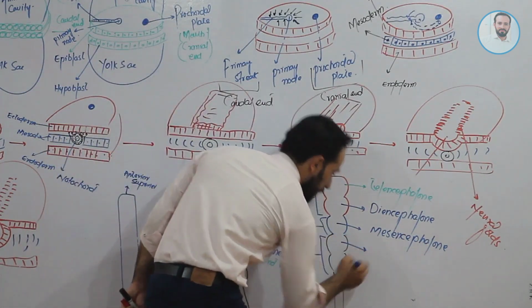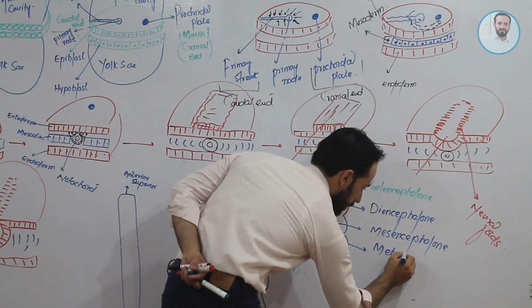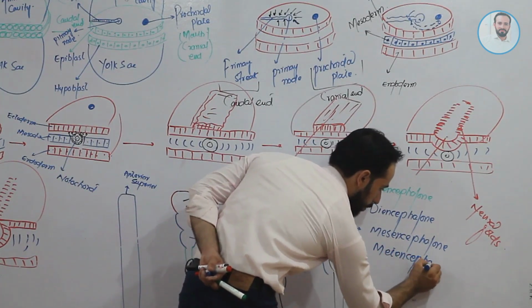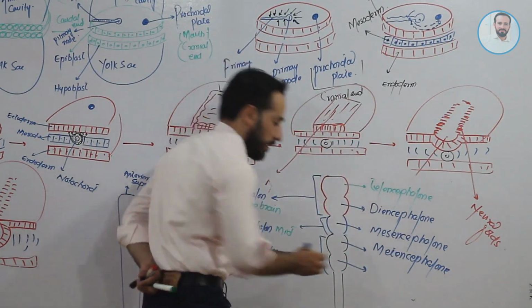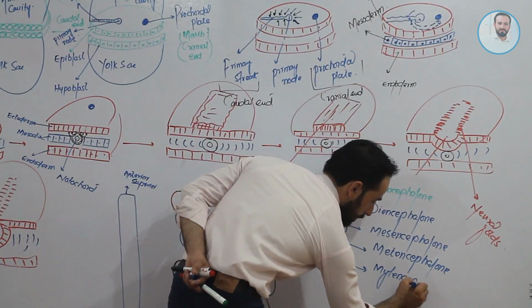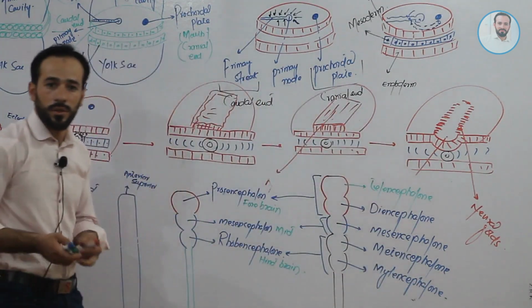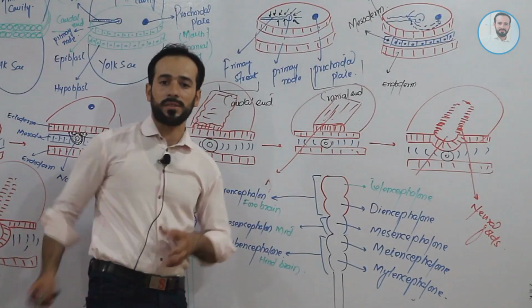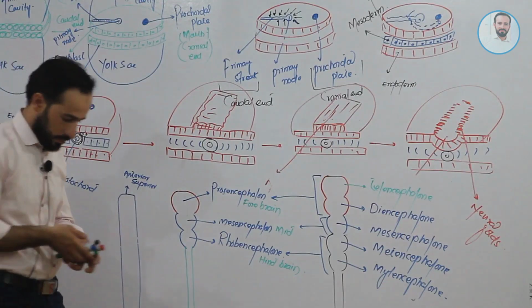This one is called the metencephalon, and this last swelling is called the myelencephalon. Clear, friends? So from these 5 swellings, our whole central nervous system will be developed, right?